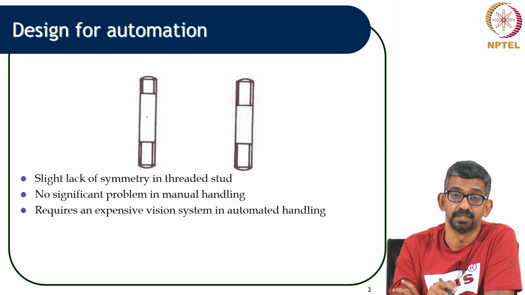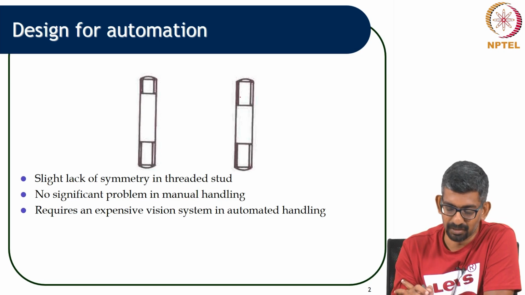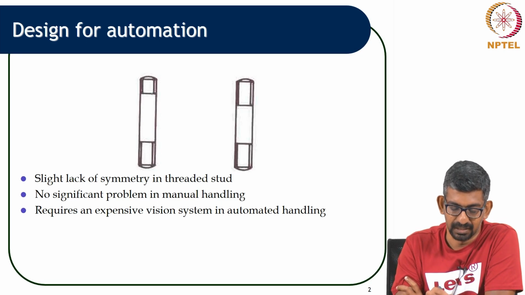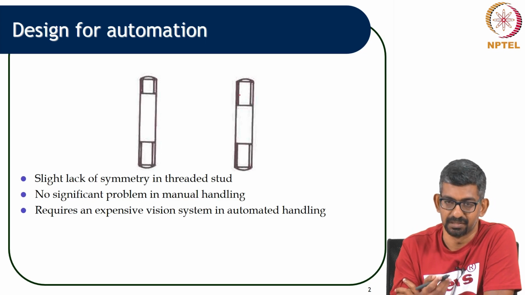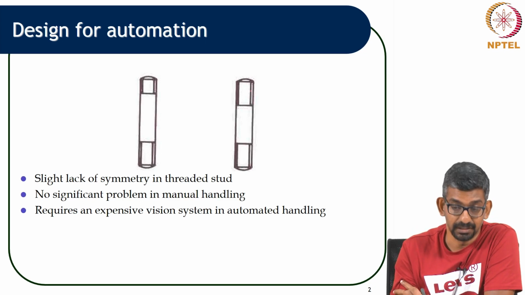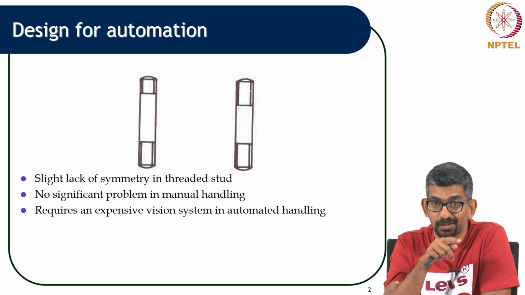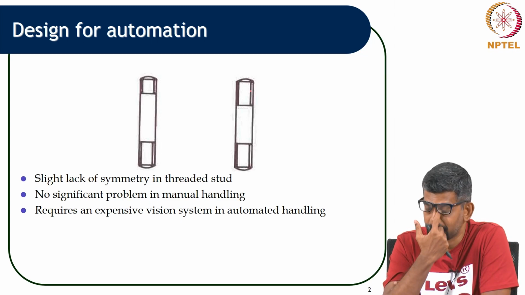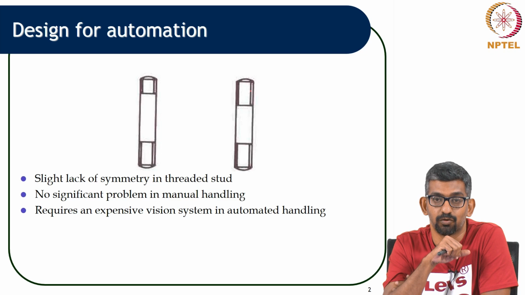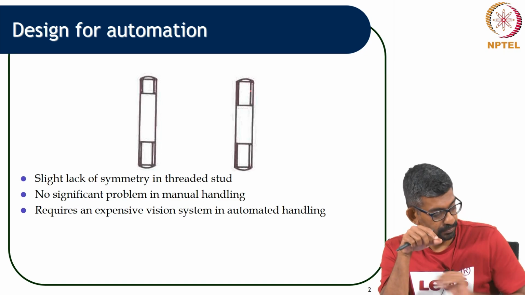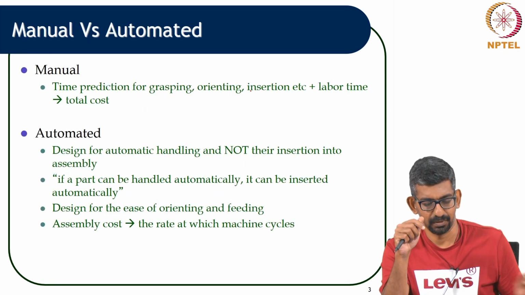It requires an expensive vision system or an equivalent system that will have to find out that this thread is asymmetric. So, in such cases you cannot use the same rule that was used for manual assembly. That is where the difference between manual and robotic assembly comes into the picture. This is just one case.